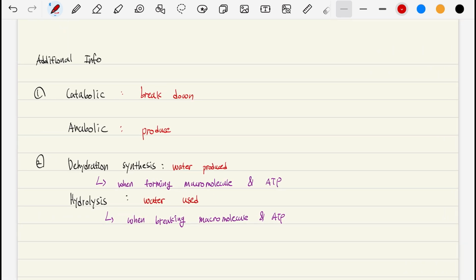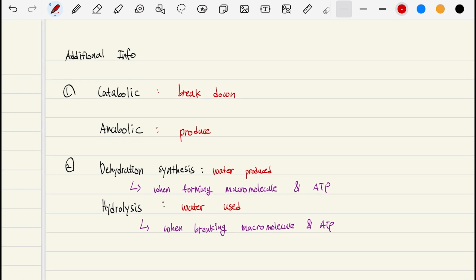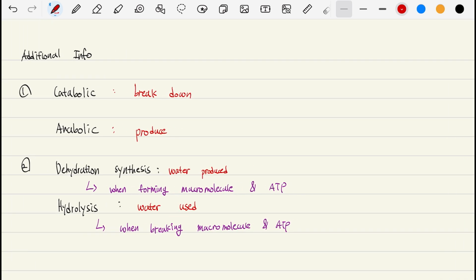And these are additional information for Unit 1 of AP Bio. The first information would be about catabolic and anabolic procedures. When we talk about catabolic, it means breaking down. And when we talk about anabolic, we talk about producing something more.